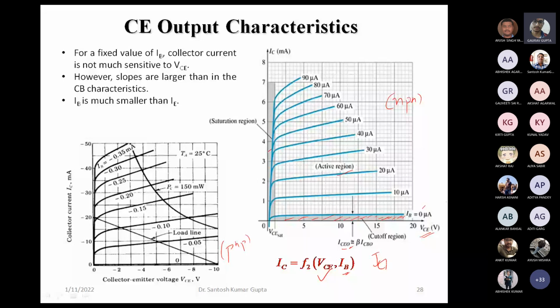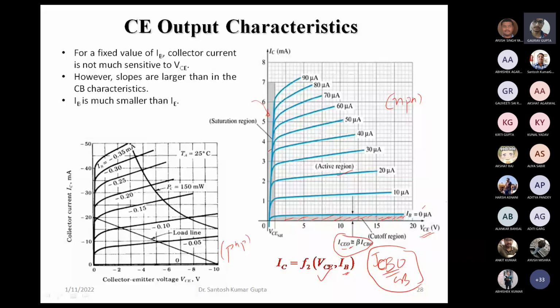In the common base we called this ICBO, and here in common emitter we call this leakage current ICEO. Whereas when both junctions are forward biased, then we see again a huge change in the current in this situation.